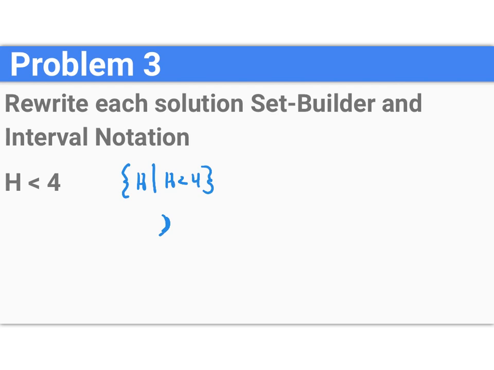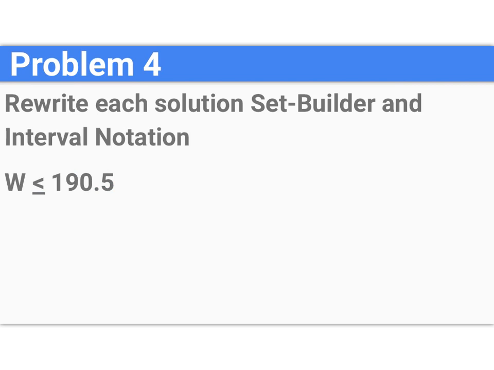This is not less than or equal to. And then we go down to negative infinity. Negative infinity can never be reached, so that will always be open. You can never have a bracket at negative infinity.